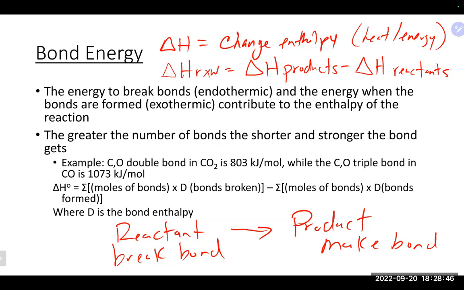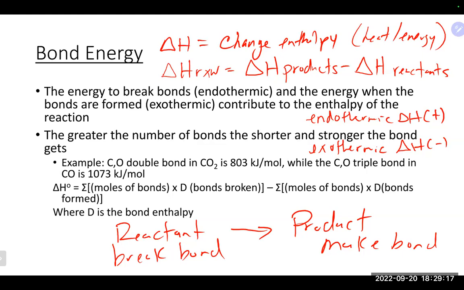You add them together, making sure that one's exothermic and one's endothermic, remembering that if it is endothermic, the delta H values are positive, and if it's exothermic, where heat and energy is released, the delta H values are negative. So you need to keep track of everything that you broke and everything that you made, and you need to know: is it a single bond? Is it a double bond?